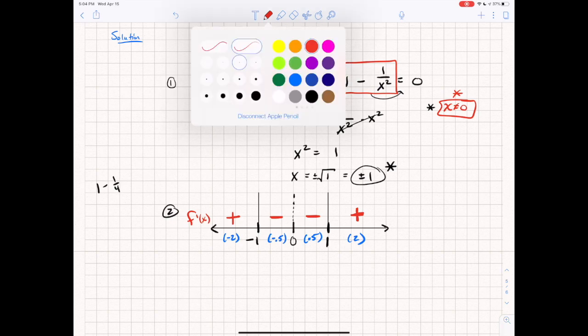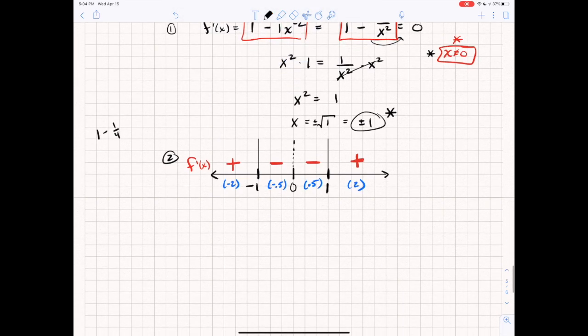And so when it comes time to write my answer for this, I'll get that f is increasing on the intervals of negative infinity to negative 1, because I'm going all the way to this line here. But I'm also increasing from 1 to infinity, so union 1 to infinity.